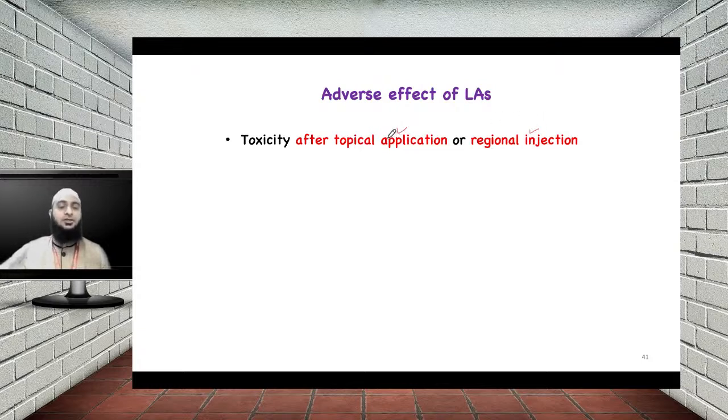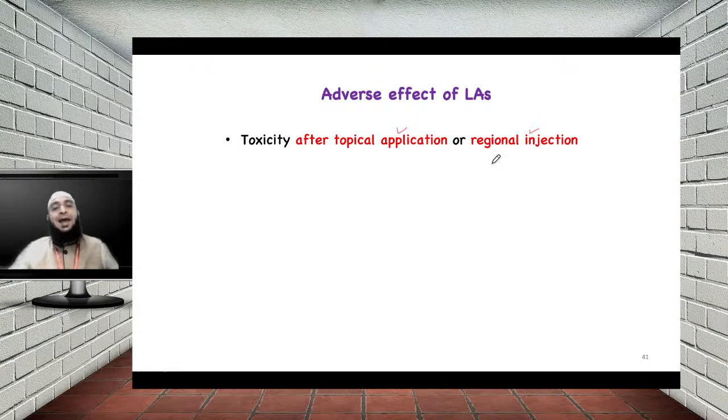Topical application means applying local anesthetics in the form of a cream or ointment. Regional injection means that if you want anesthesia of a particular part, then you give the injection in that particular nerve or region.